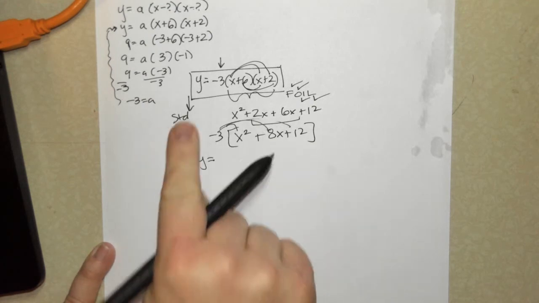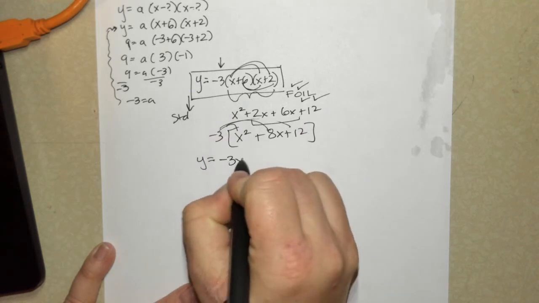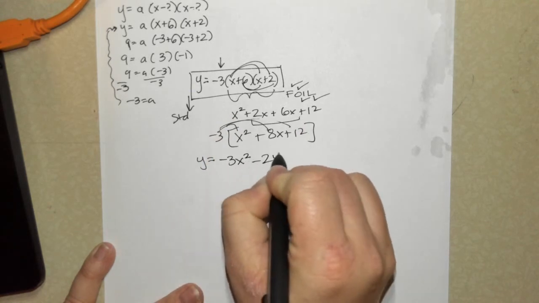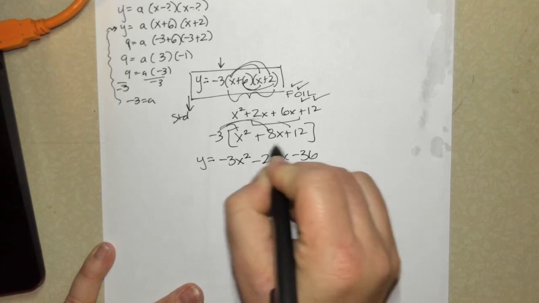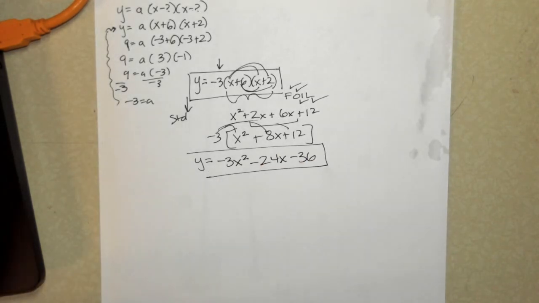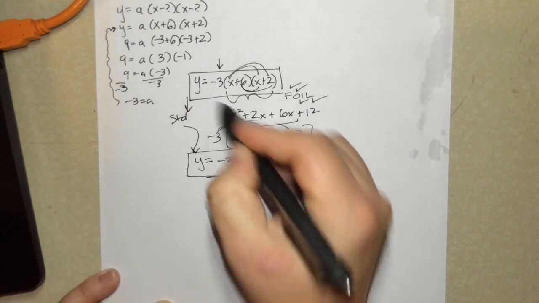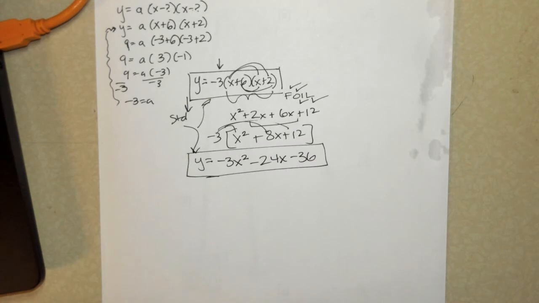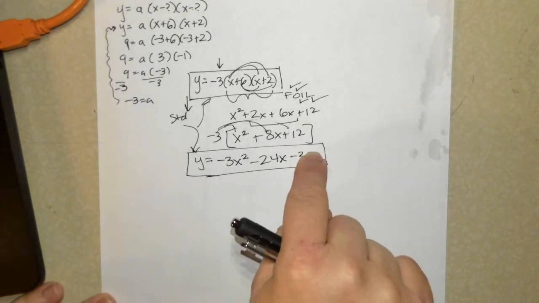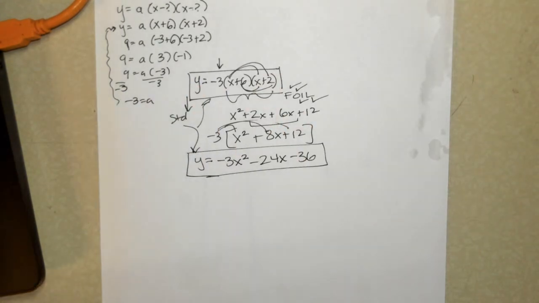Y equals, we're writing an equation of this parabola, y equals -3x squared minus 12x minus 36. So this is an equivalent form. This is standard form, this is intercept form. If you went to Desmos and plugged in this equation, and then plugged in the other equation, you would see they're the exact same parabola.